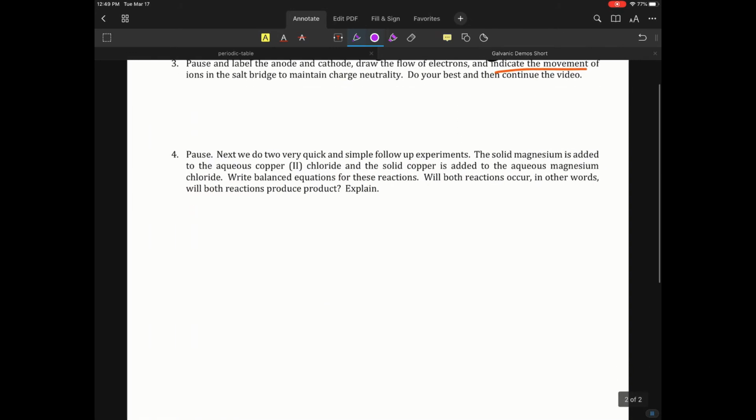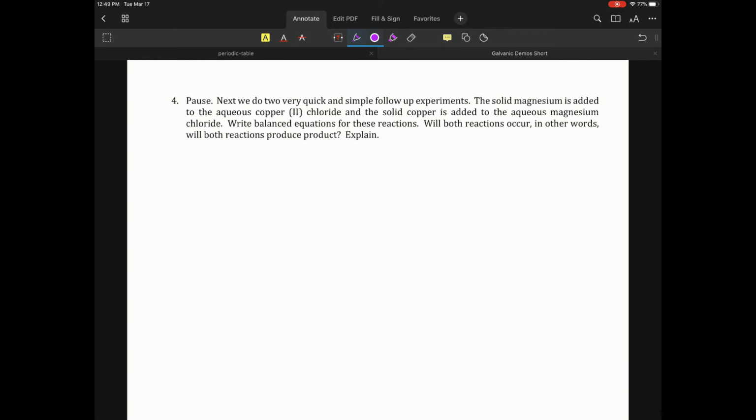All right, last up, we are going to do 2 very quick and simple follow-up experiments. Solid magnesium is added to aqueous copper chloride, and solid copper is added to aqueous magnesium chloride. So go ahead and write balanced reactions for these, and then we're supposed to predict if both will occur. I think we can write those reactions really quickly.